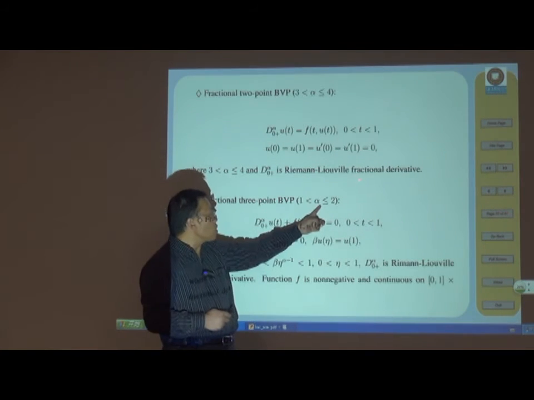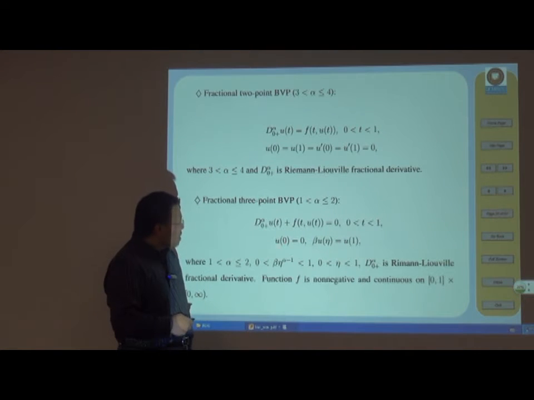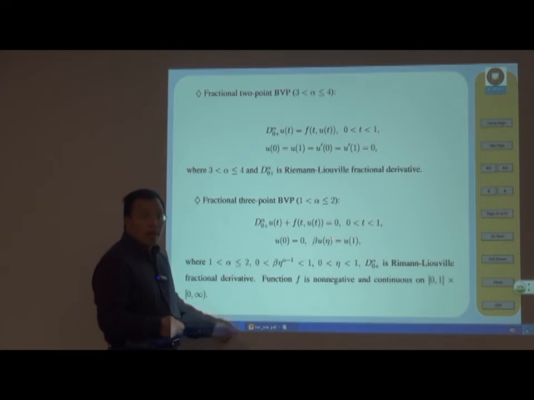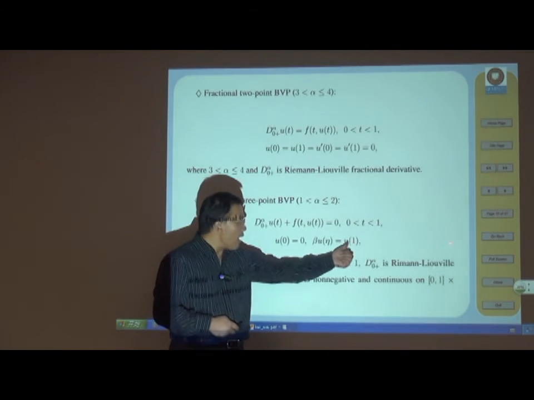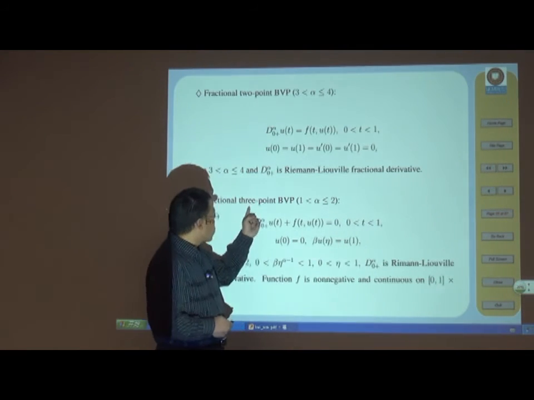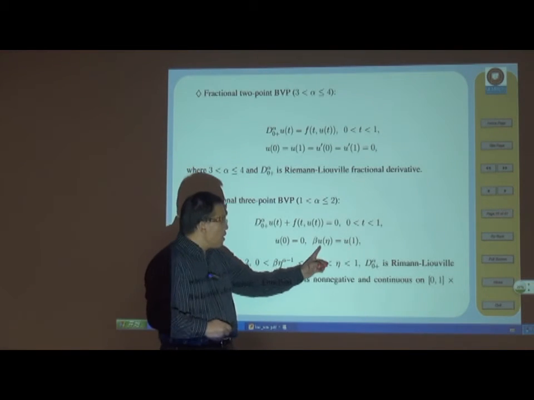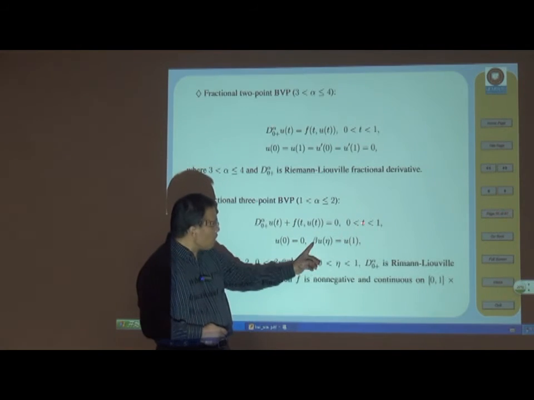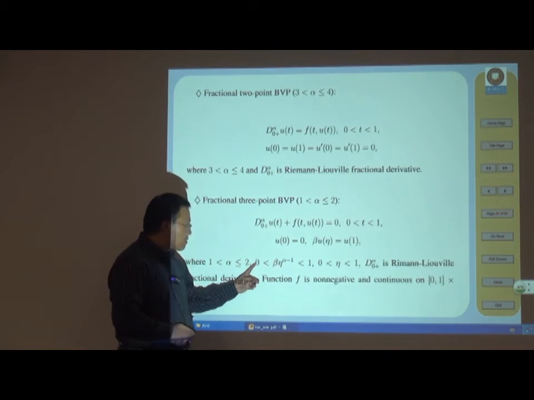And r is also between 1 and 2, and the boundary conditions involve the points 0, eta, and 1, so it is a three-point boundary value problem. And the constants beta and eta satisfy this relation.